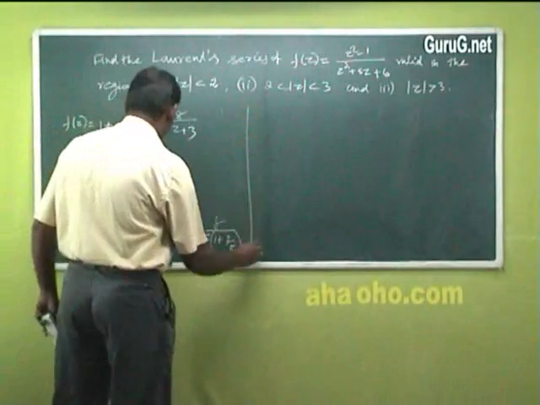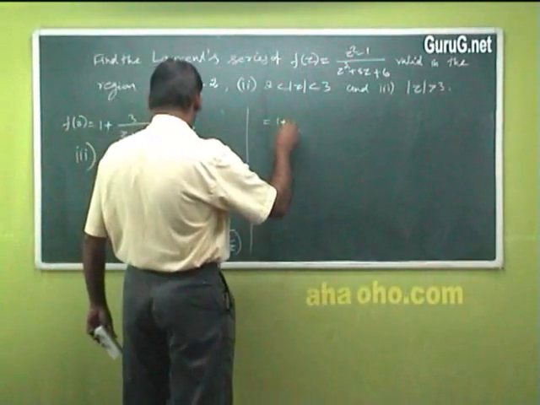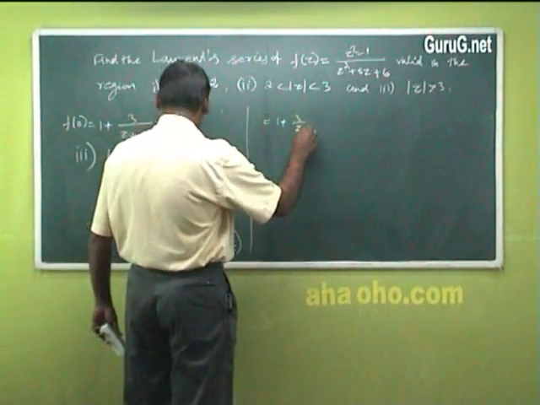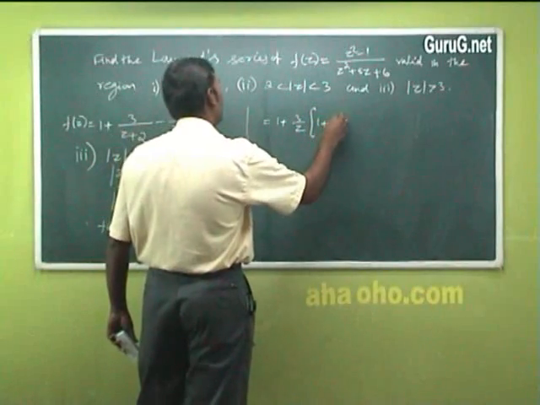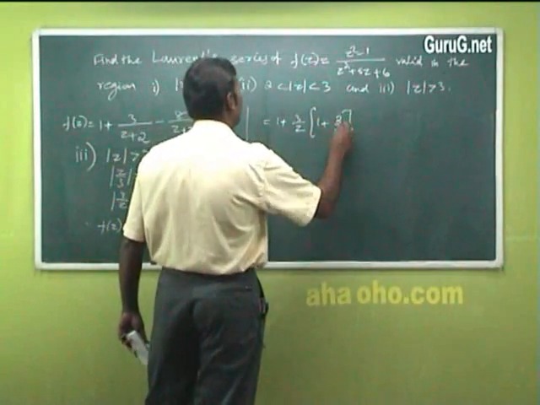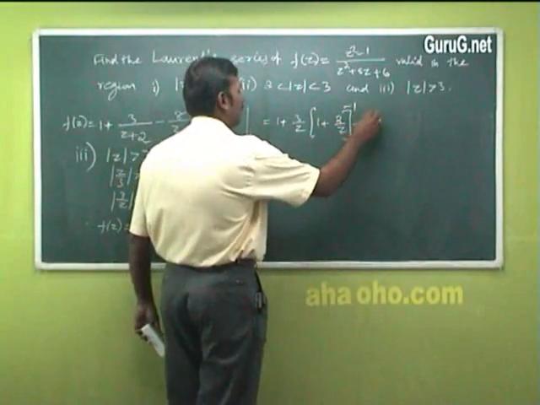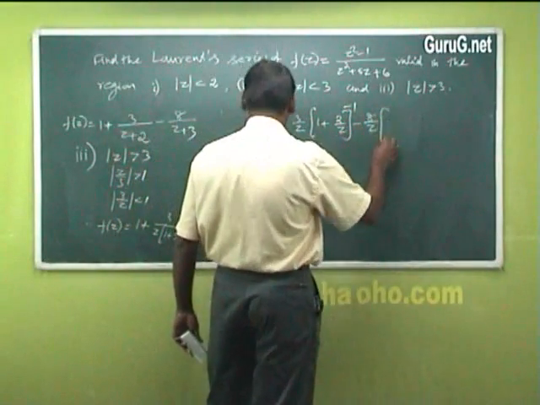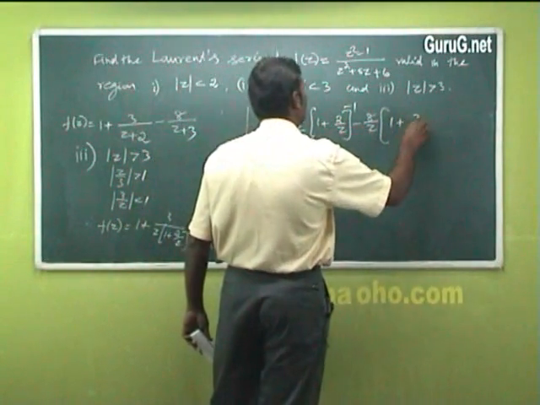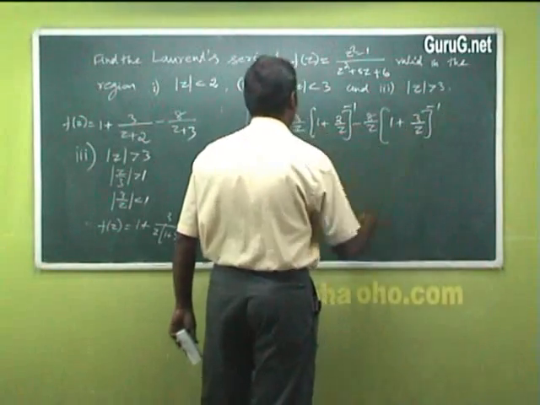So it is equal to 1 plus 3 by z into 1 plus 2 by z whole to the power minus 1, minus 8 by z into 1 plus 3 by z whole to the power minus 1.